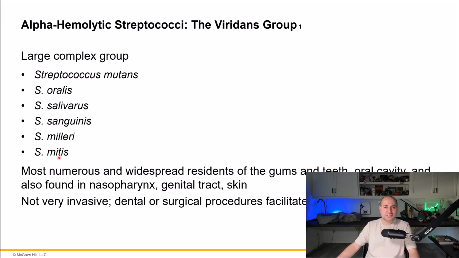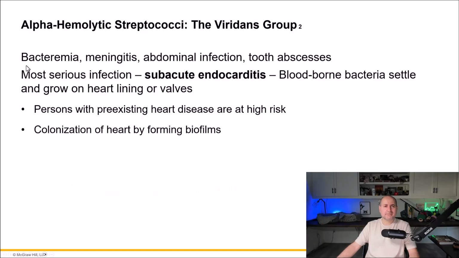Many of these are found in our mouth. Most numerous and widespread residents of the gums and teeth, oral cavity, and also found in our nasopharynx, genital tract, and skin.